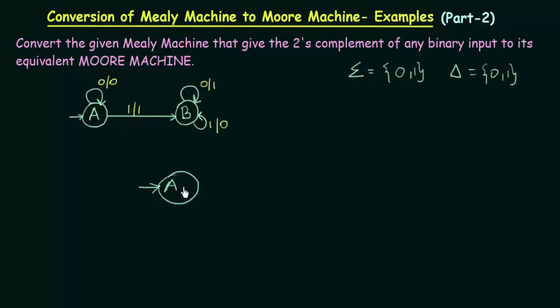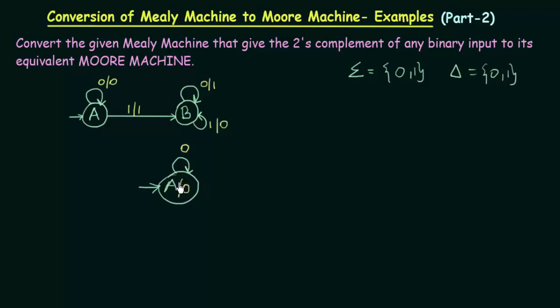So what I can do, I can associate the output 0 to this A, and I can say that when A gets the input 0, it goes to this A itself, and we have associated this output which was in this transition over here to the state. So A goes to A itself on getting input 0 and output 0 is associated with A now.